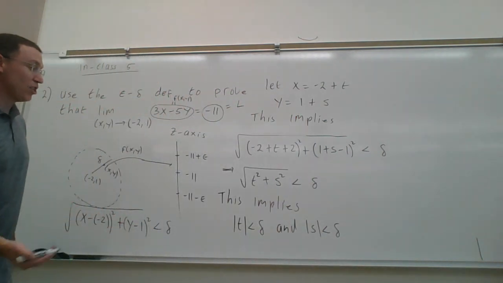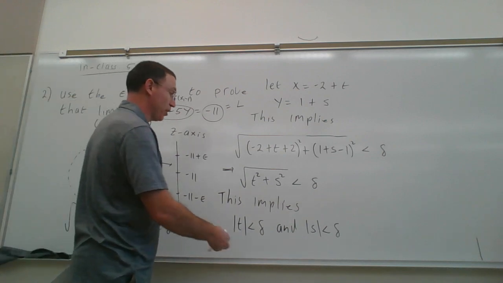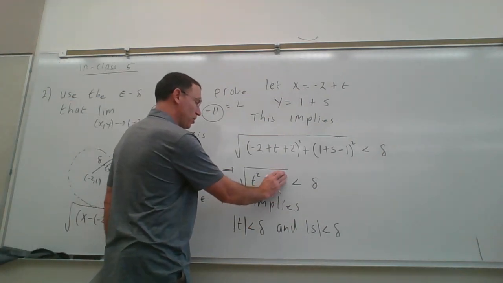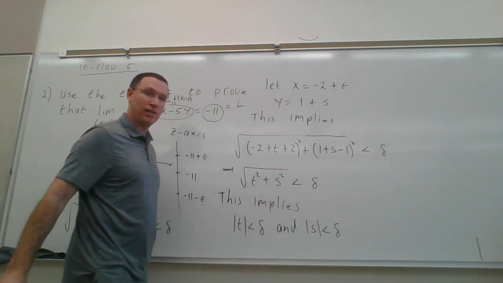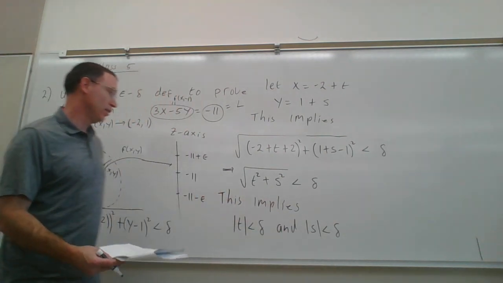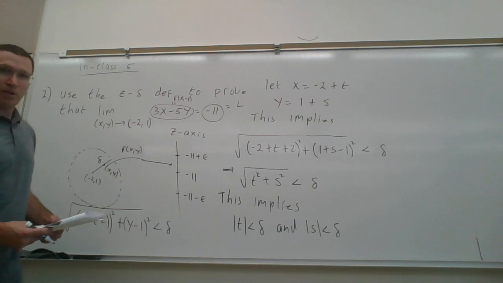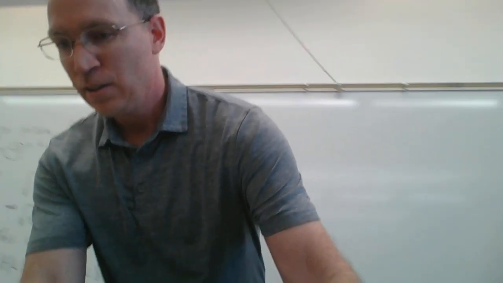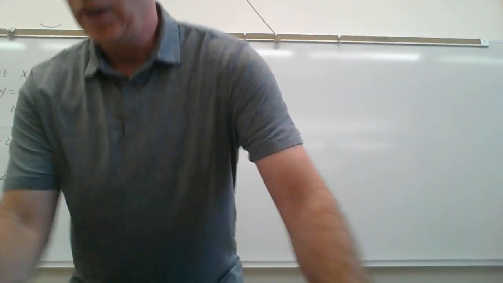And how we're getting that is, for example, the smallest s squared could be 0. If s squared was 0, then the square root of t squared would have to be less than delta. That would mean the absolute value of t would have to be less than delta. So therefore, that's how I'm getting these 2 bounds. Okay, so let's keep going.